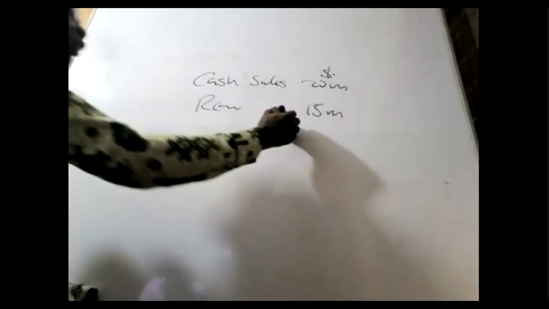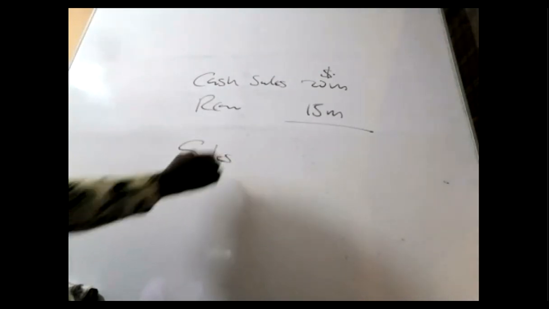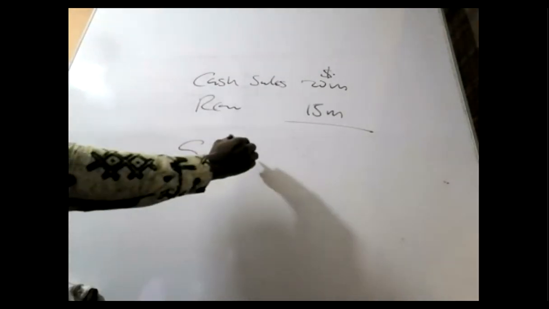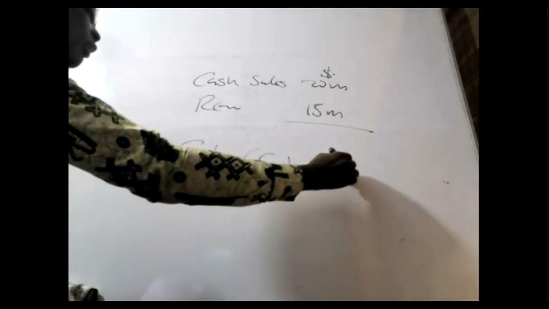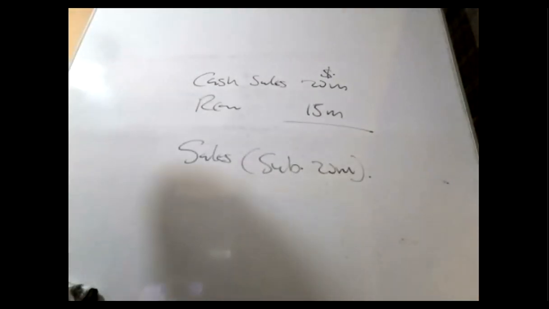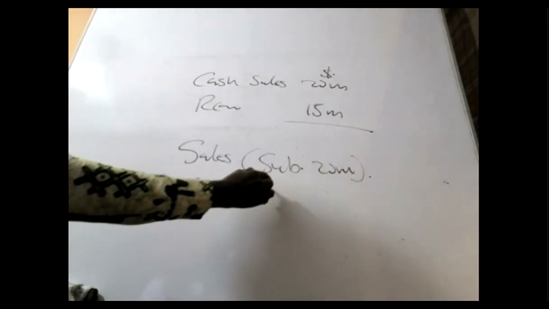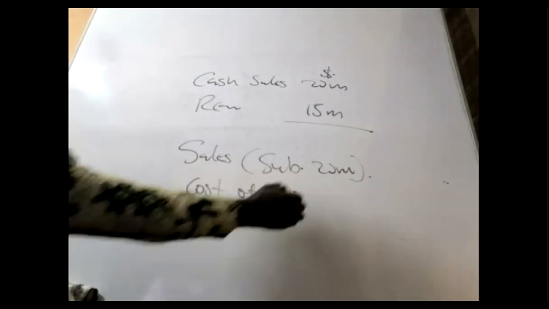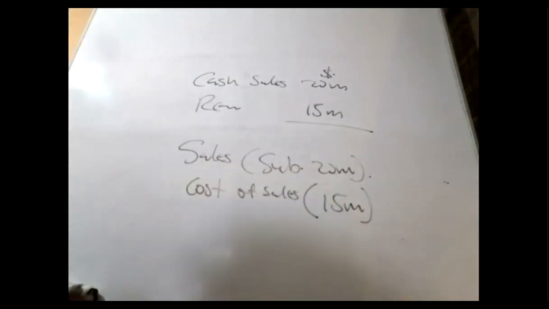So first, sales revenue. I will subtract 20 million from sales. Again, cost of sales, I will subtract 15 million from cost of sales.